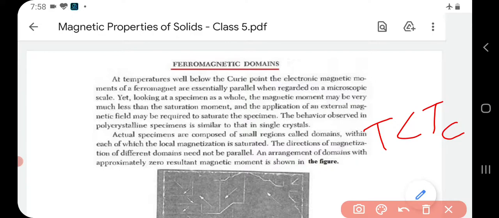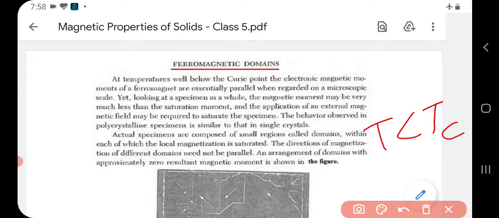They will be very much less than the saturation moment, and when you apply an external field, they will come to the state of saturation. This behavior is the same in polycrystalline material as well as in single crystalline material.